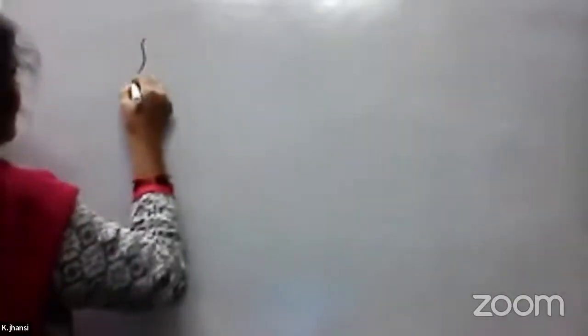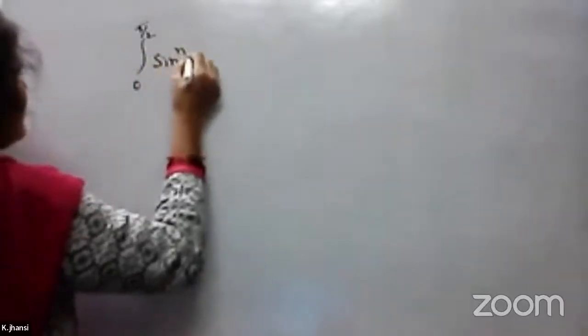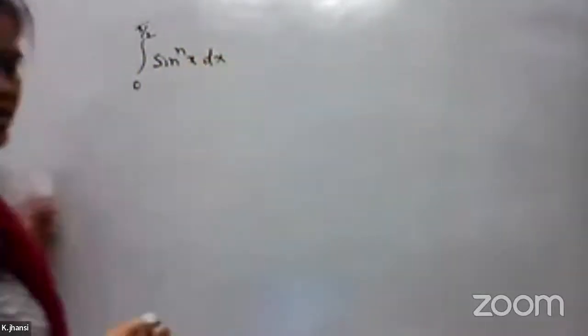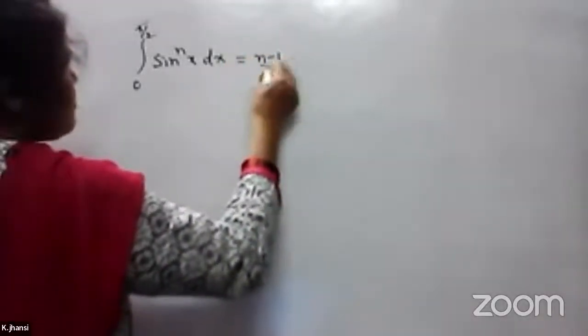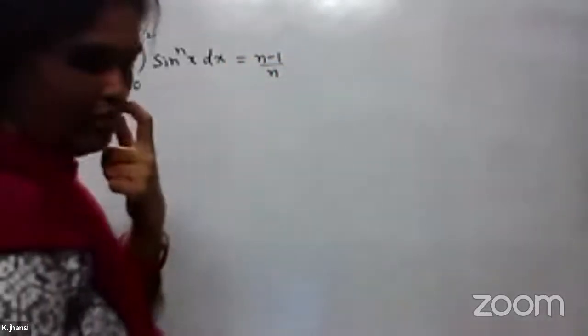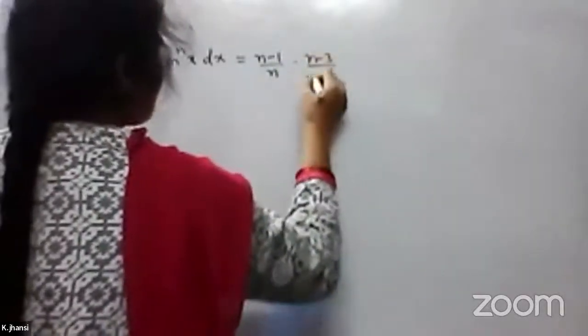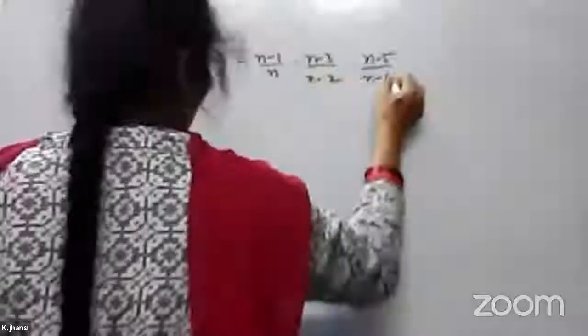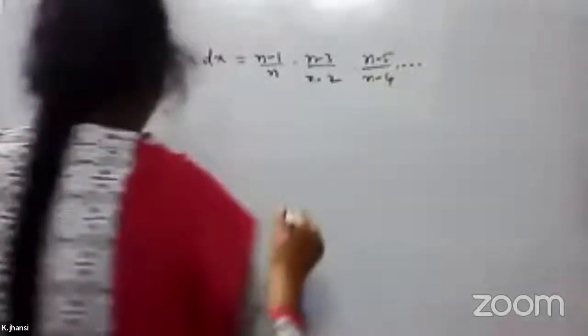That is, integral from 0 to pi by 2 of sine to the power of n x dx is equal to n minus 1 by n into n minus 3 by n minus 2 into n minus 5 by n minus 4, and so on.